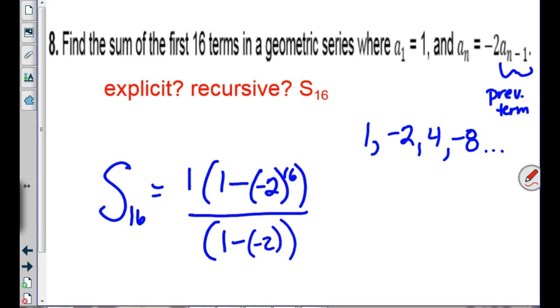Just type it in like that. One minus parenthesis -2 close parenthesis to the 16th, all divided by. Okay, I got -21845. Anybody or not?